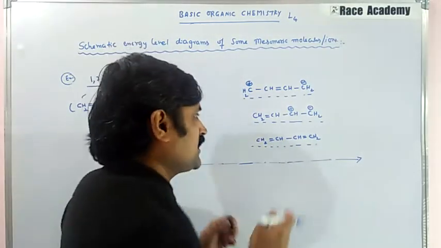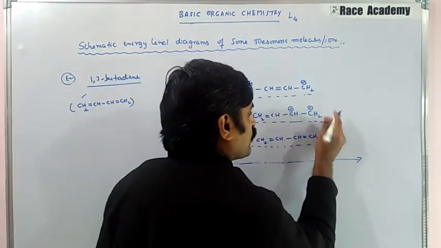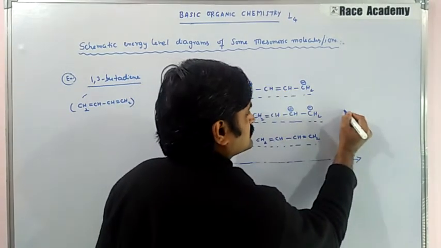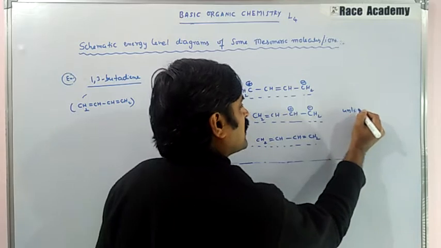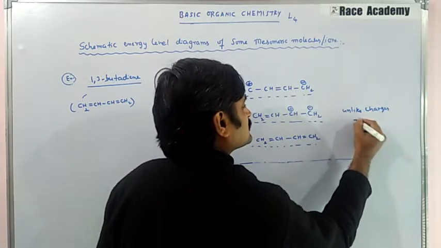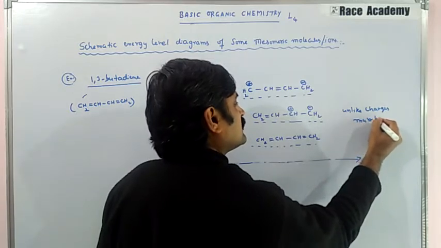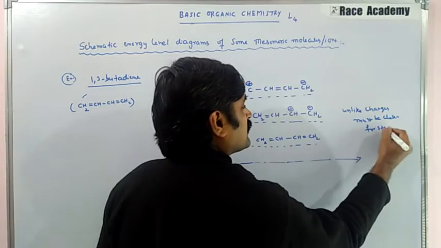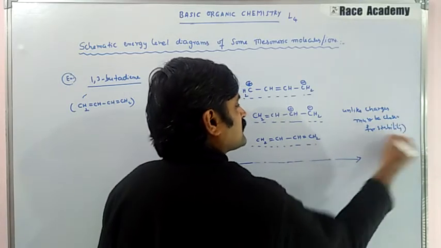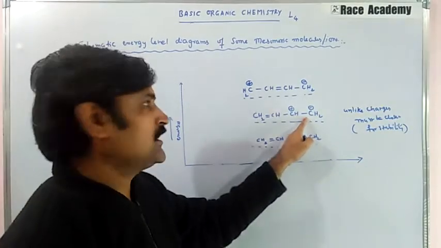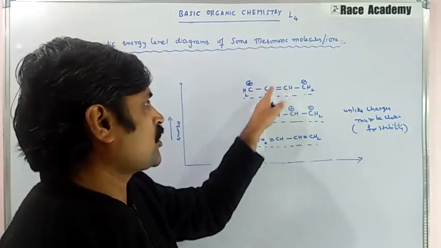Here unlike charges are closer, there they are farther. So the concept is that unlike charges must be closer for stability. The reason is that you can easily shift one, but you cannot easily shift the other, as a long distance is there.